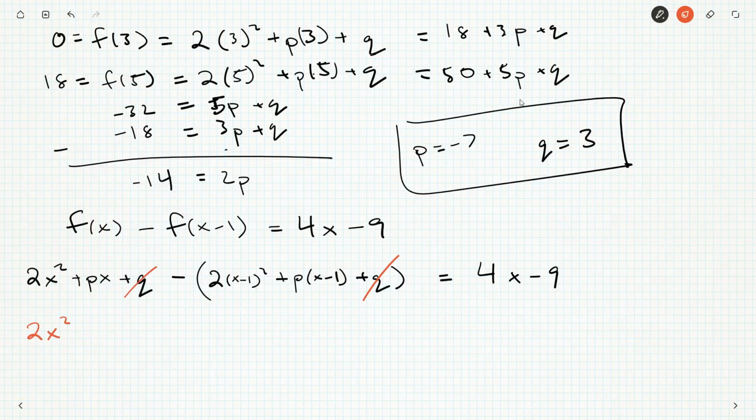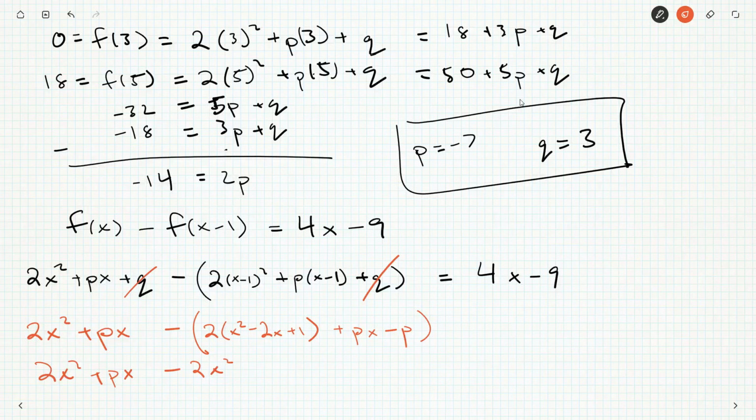So not a whole lot to do over on this side, but now we've got minus 2x squared minus 2x plus 1, then plus px minus p. 2x squared plus px minus, so we'll just carry this all through. So minus 2x squared minus 2 times negative 2, so plus 4x, minus 2, and then minus px plus p.